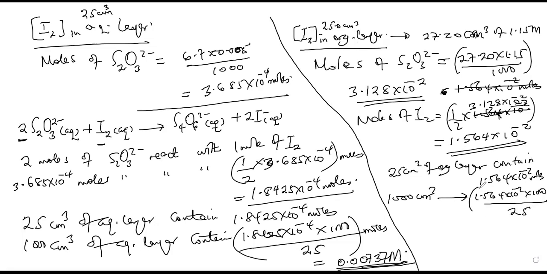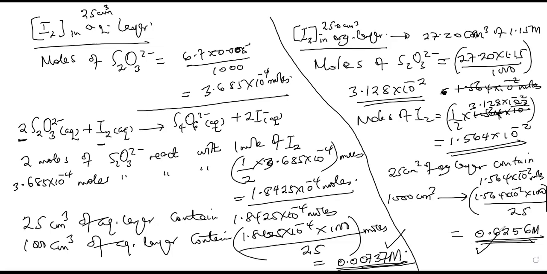This gives you the concentration of iodine in the organic layer, which is 0.6256. So you have molarity in the aqueous layer, and you have molarity in the organic layer.